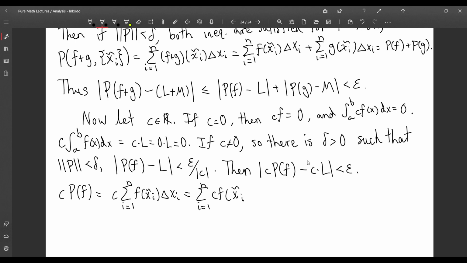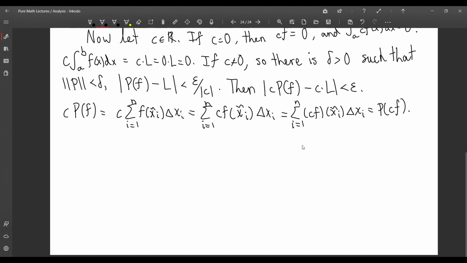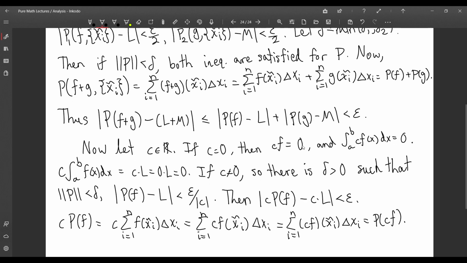So this is c times f at x times delta x, and if you like, I can write this as the function cf evaluated at x times delta x. So this is P of cf. And that concludes this theorem. Okay.